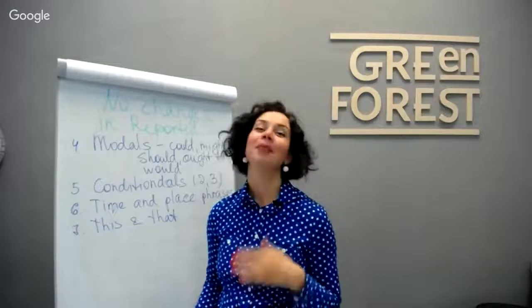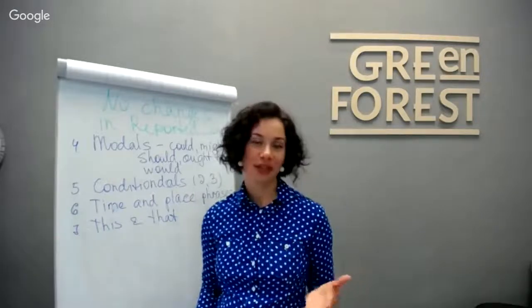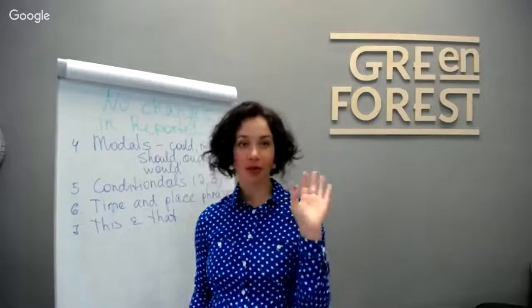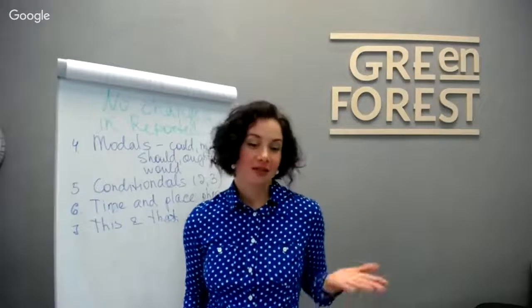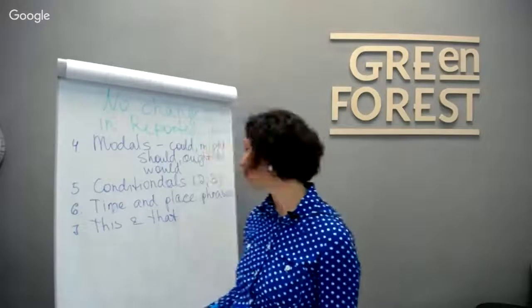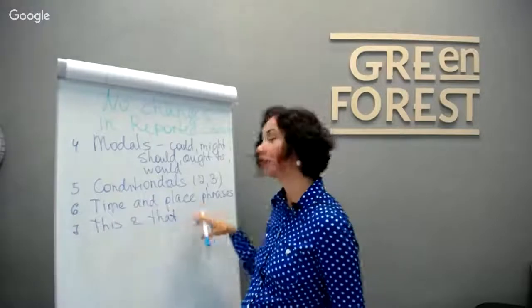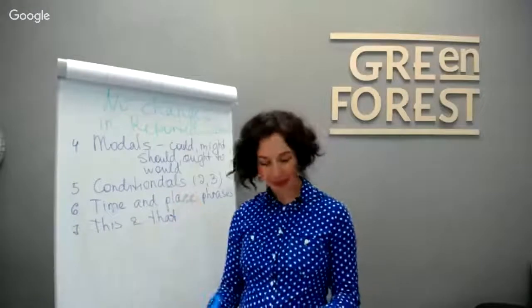So you have to say, she said that she likes this book. It's still relevant, it's still true. You can say this book because you're holding it in your hands. In this case, you don't have to use any changes, and you keep the word this or that according to its meaning.